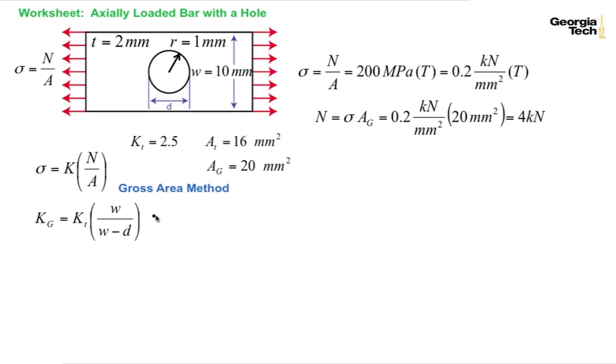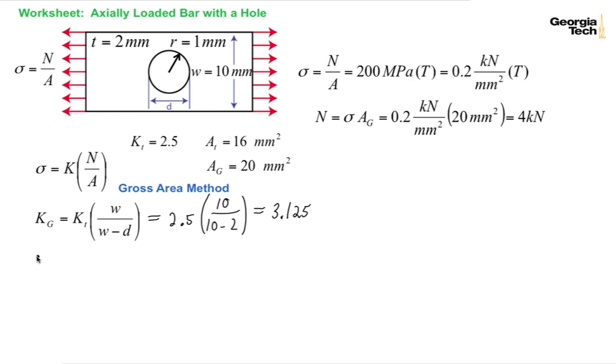That's K sub T, which was 2.5, times W, which was 10, over W minus D, which was 10 minus 2 for the diameter. And so K sub G ends up being 3.125. Now I'll use this equation, except with the gross area and the stress concentration factor for gross area.